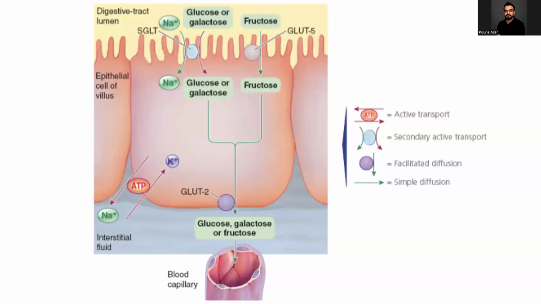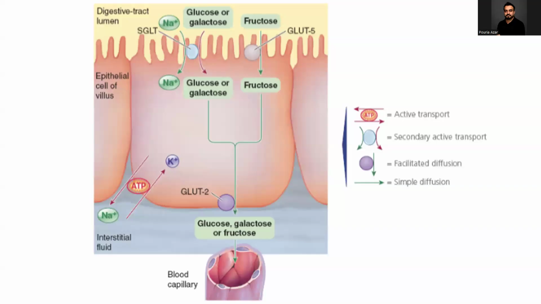After they get into the inside of the cell, so we have fructose, glucose, and galactose inside of the cell of a small intestine. They can get absorbed to the bloodstream. So they are moved to the bloodstream through another carrier called GLUT2. And this GLUT2 is a facilitated diffusion.